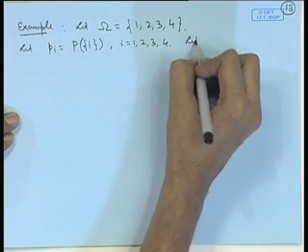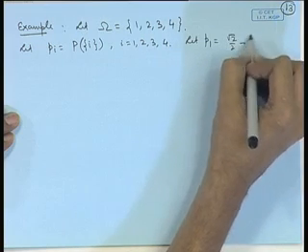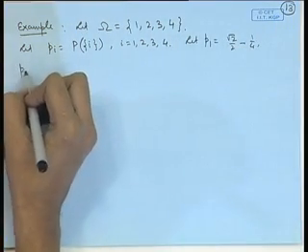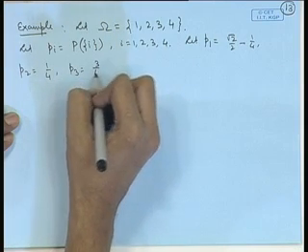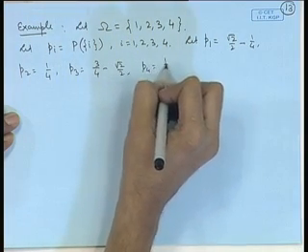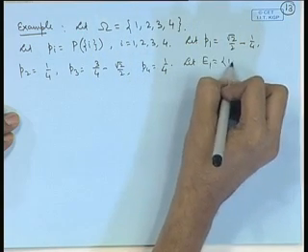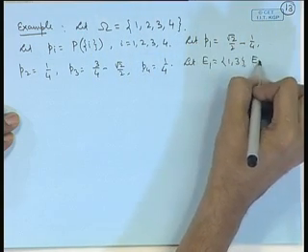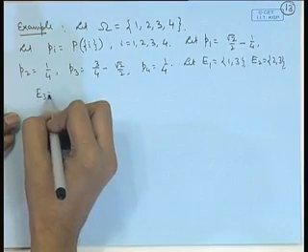Let us define say P1 is equal to root 2 by 2 minus 1 by 4, P2 is equal to 1 by 4, P3 is equal to 3 by 4 minus root 2 by 2, P4 is equal to 1 by 4. Let E1 be equal to {1, 3}, E2 be equal to {2, 3} and E3 is equal to {3, 4}.